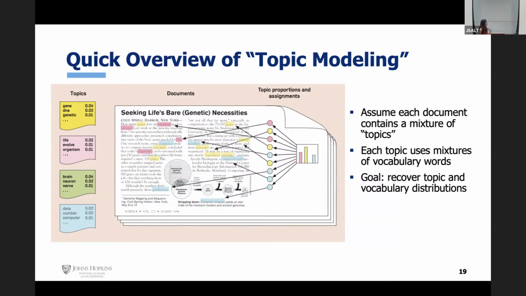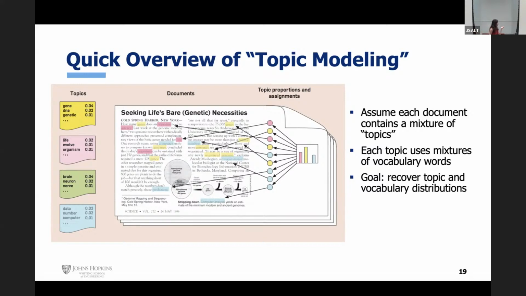Under this model, the assumption is that each document contains some mixture of topics. So any kind of document, or you could say social media post, is not just about one thing. It can be about multiple things. Some of them are more prominent than others. And then each topic uses some mixture of vocabulary words. So if a document is about some topic, it's more likely to have some words in that document than other words.